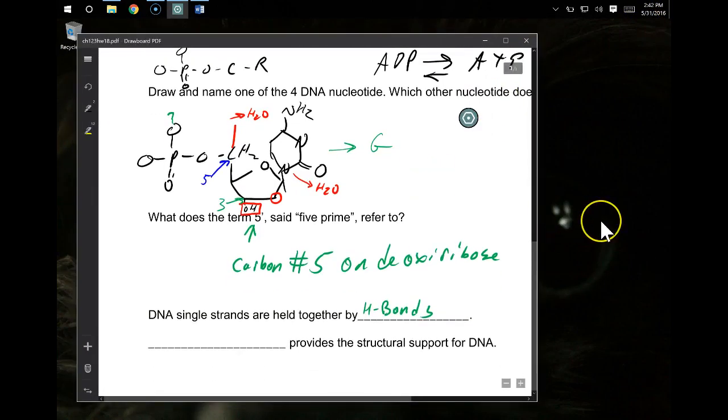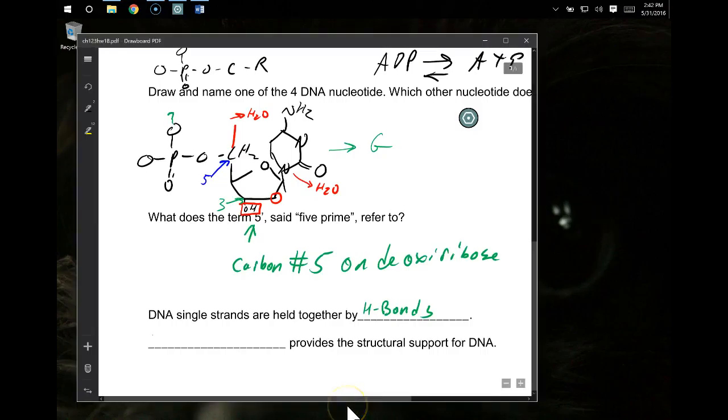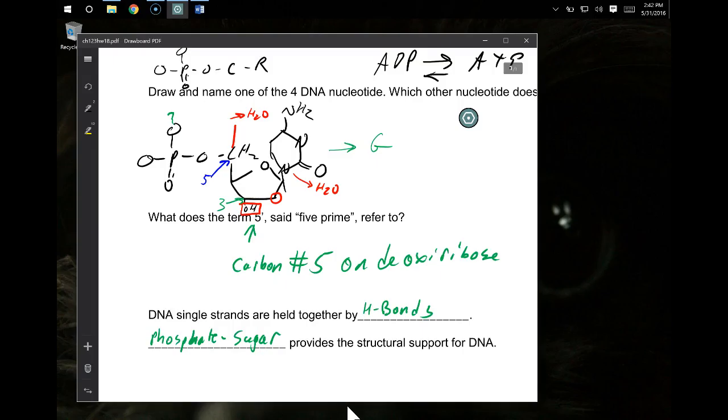And then what provides the structural support for the DNA? Phosphate sugar backbone. In the same way that the amino acid part in a protein is the backbone for the protein, the phosphate and sugar provide the backbone for the DNA.